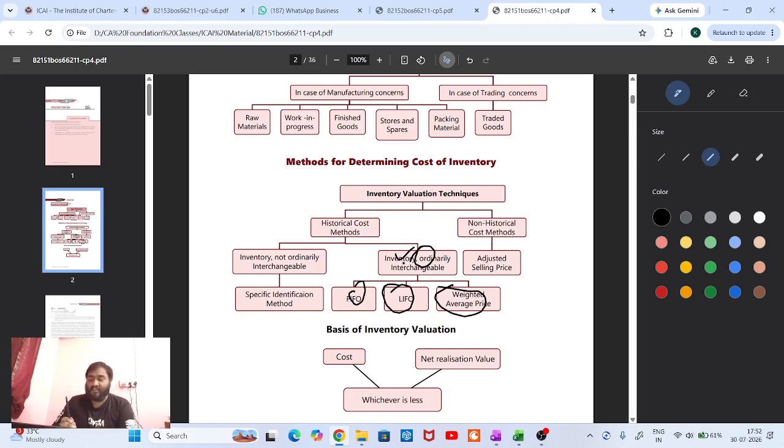Like if you have Santosh soap, you can sell any Santosh soap, right? You are not restricted to sell batch number 2474 Santosh soap to me. If I come to your shop, you can pick and sell the Santosh soap, right?